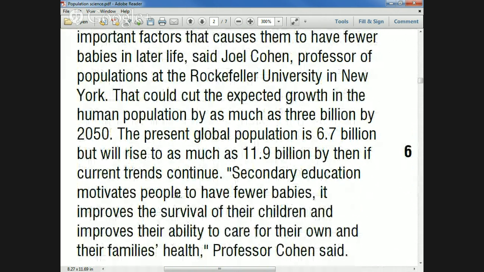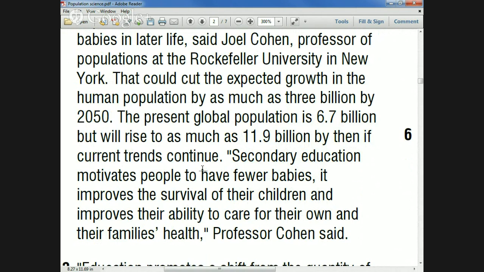Does everybody know what it means if it says current trends, as much as 11.9 billion by then if current trends continue? Does everybody know what that means? Keep going. Mm-hmm. Okay, so if the current fertility rate continues the way it goes, okay. Excellent. Let's go to number 3.